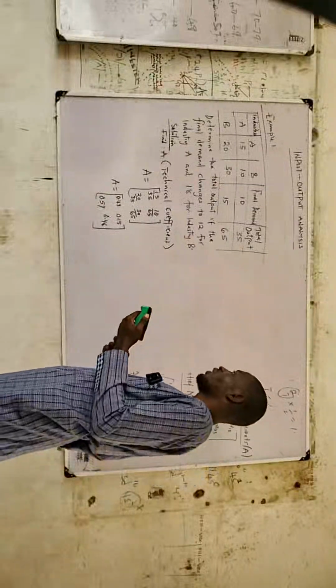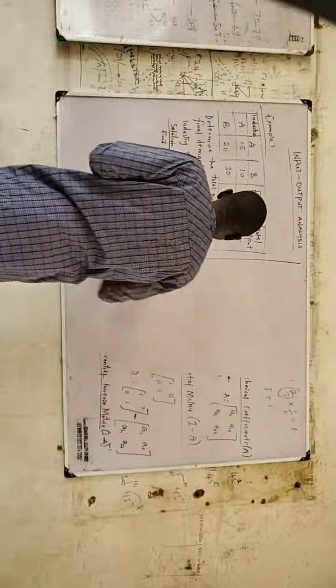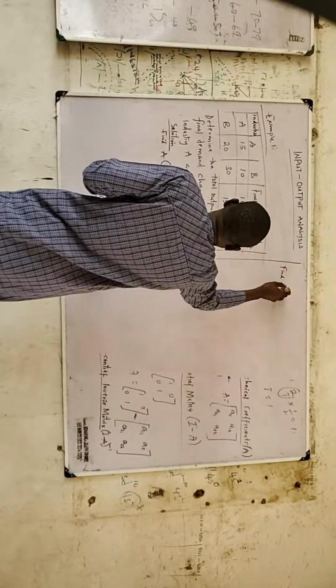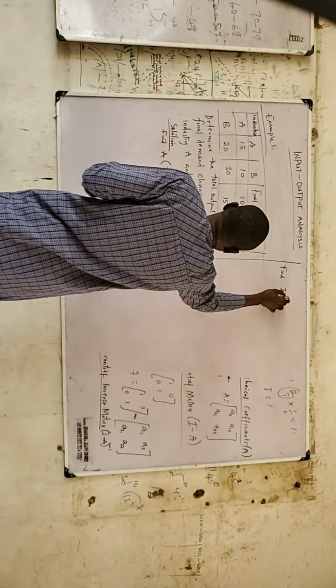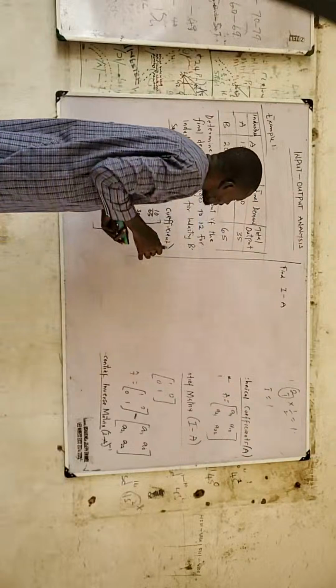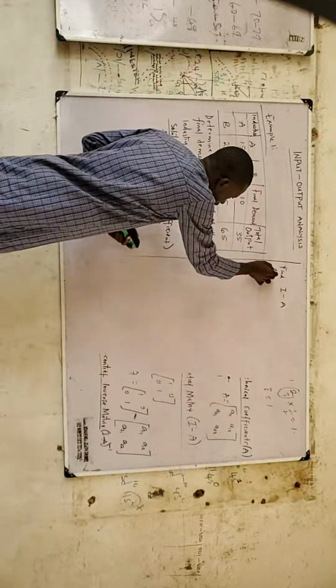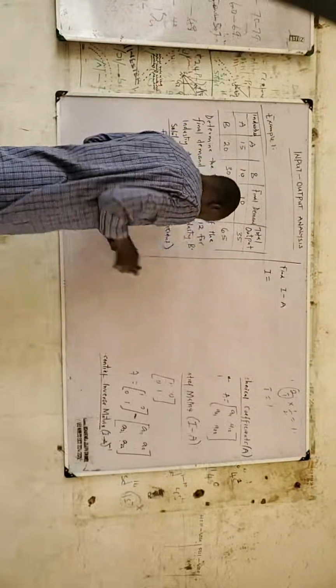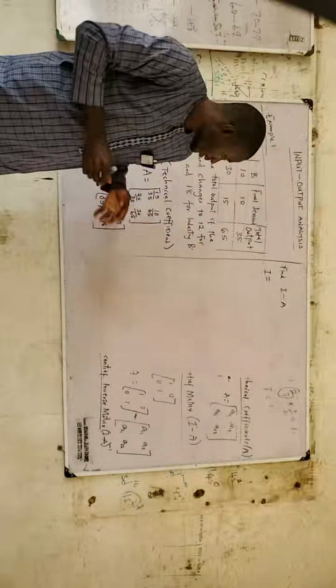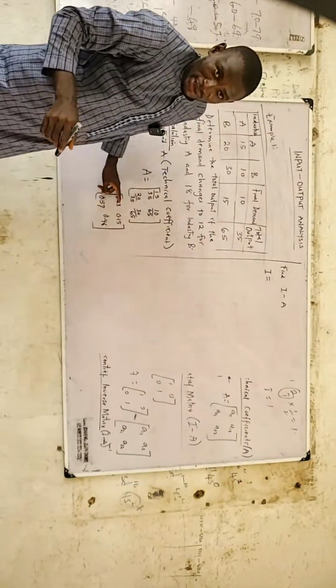So now, let me find I minus A. Our I is the identity matrix, and this matrix here is a 2 by 2 matrix.